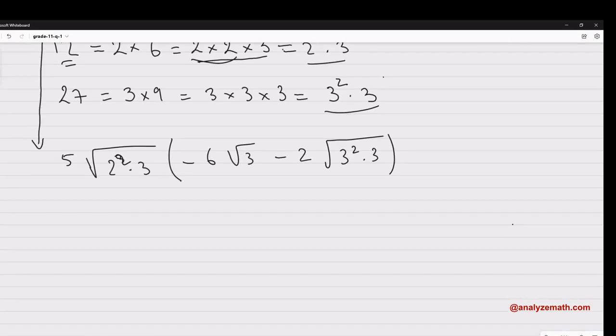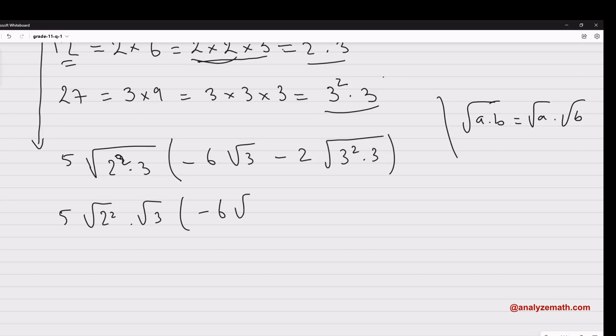Now we start simplifying. This is 5 and then we split here. Remember what we said before? The square root of AB can be written as the product square root of A, square root of B. So this is what we did here. We split and then minus 6 square root of 3 minus 2.